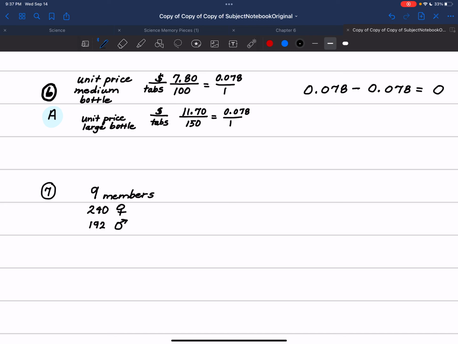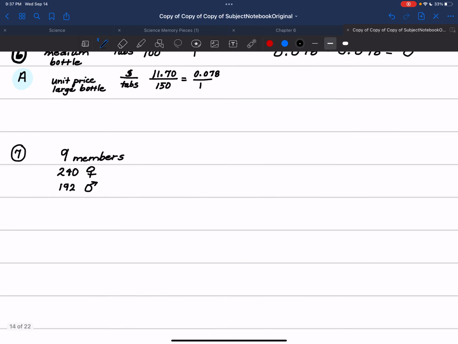All right, so what is this problem saying to me? It's saying that you have this big school population where you have 240 girls and you have 192 boys. So how many students is that? 240 plus 192 is 432 total students.